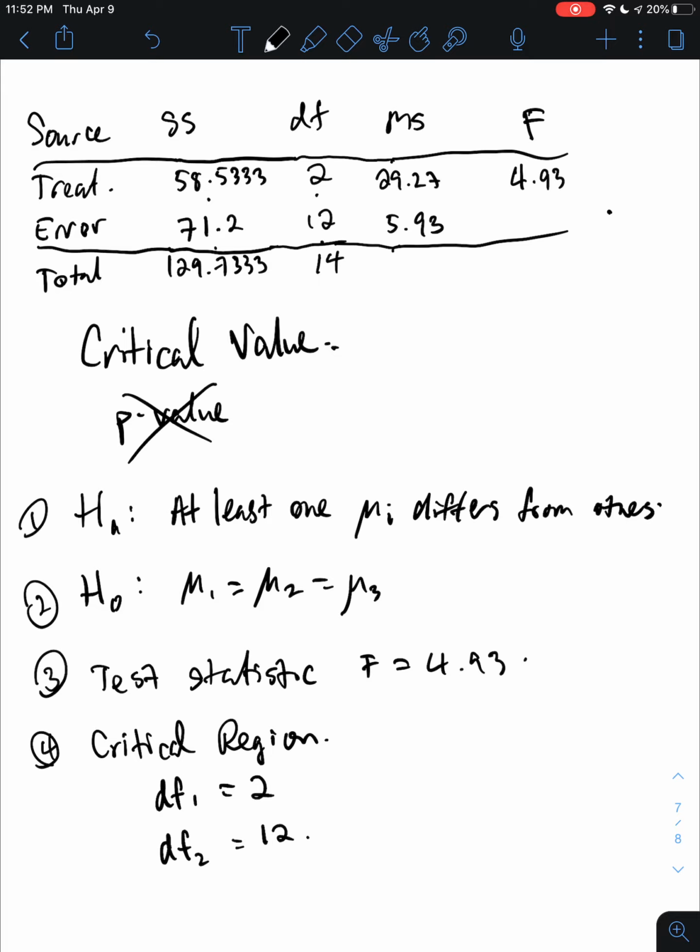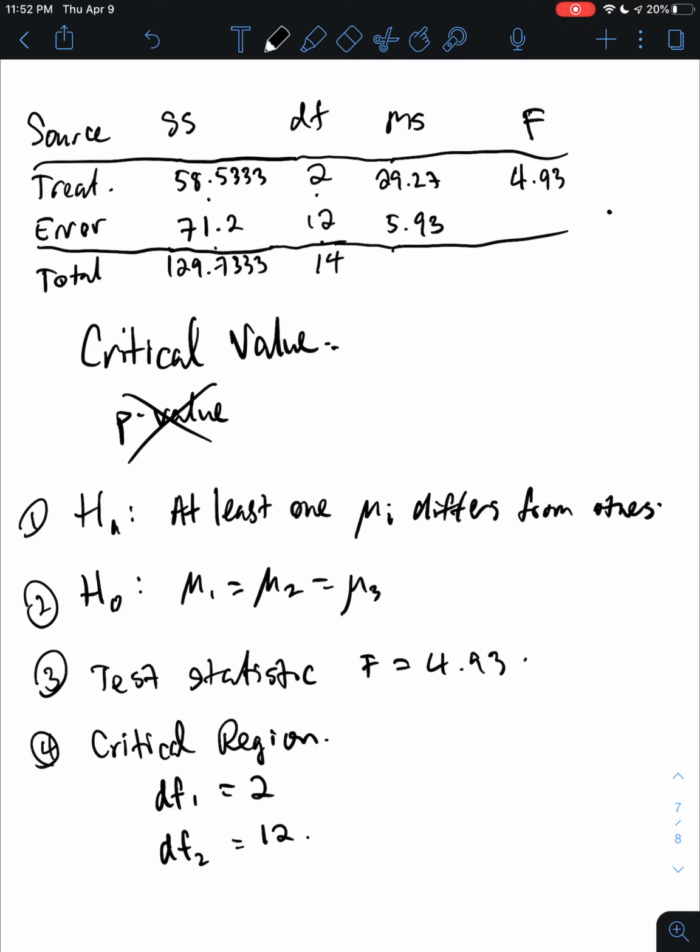It is a big table, and it is hard to read. So we need to learn a little bit about how to read the F table. So there's Appendix 1, Table 6 on page 725.